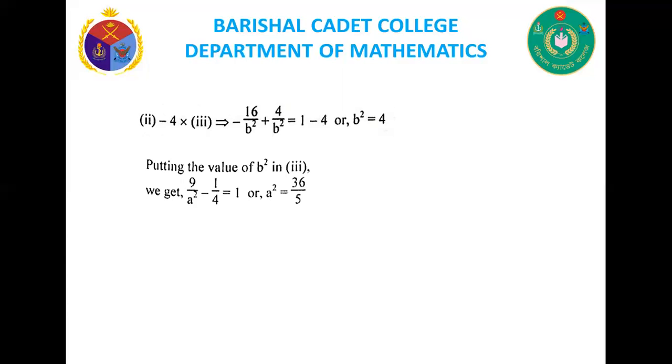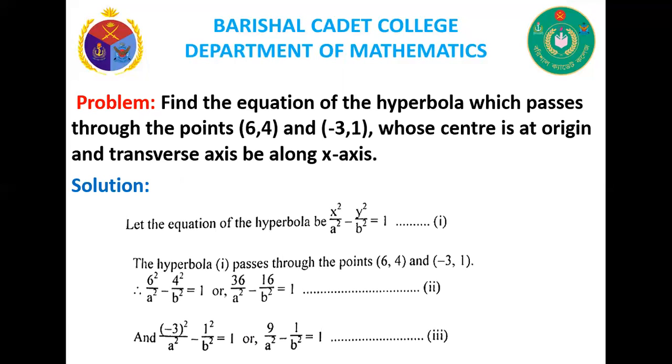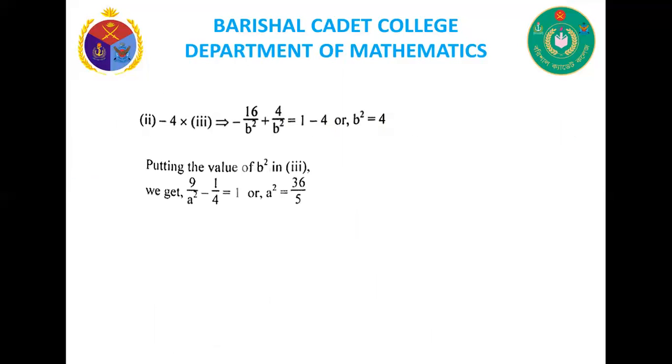So cadets, you observe, first of all, we supposed that the standard form of the equation of this hyperbola would be x²/a² − y²/b² = 1. Here we have already found the value of a² and b². So putting the values of a² and b² in equation number 1, easily you can get x²/(36/5) − y²/4 = 1.